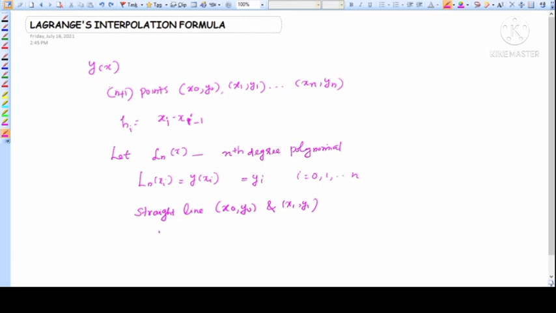We can write L1, this is degree 1, L1 of x is equal to x minus x1 divided by x0 minus x1, y0 plus x minus x0 divided by x1 minus x0, y1. This equation, you are familiar with. This is the equation of a straight line.